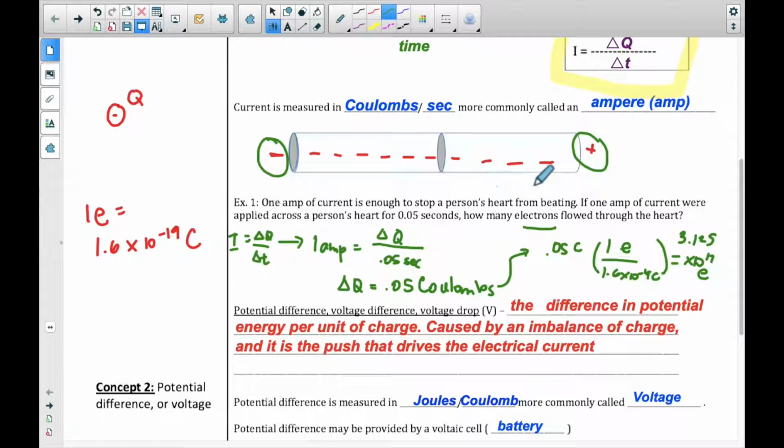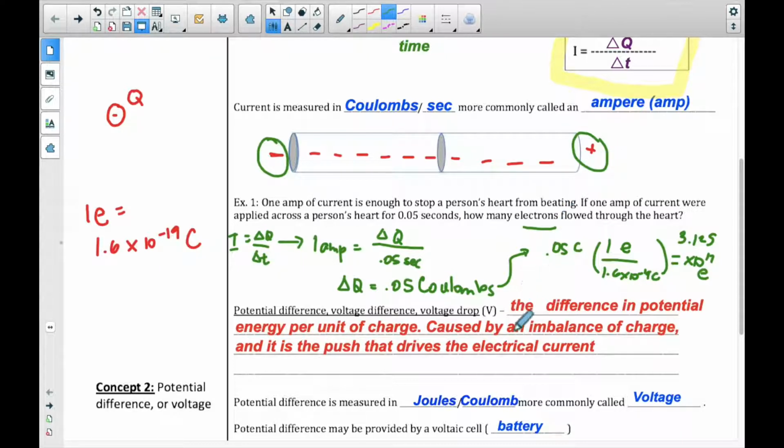They're going to want to go towards the positive charge because they want to create that equilibrium. And so that difference in charge is called voltage. All it is, it's the difference in charge between one end and the other end that causes those electrons to move. Without that difference, things wouldn't move. There would be no current.